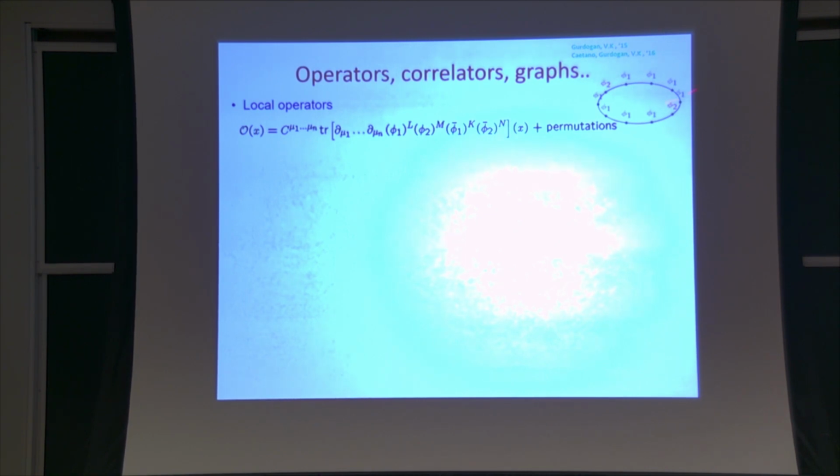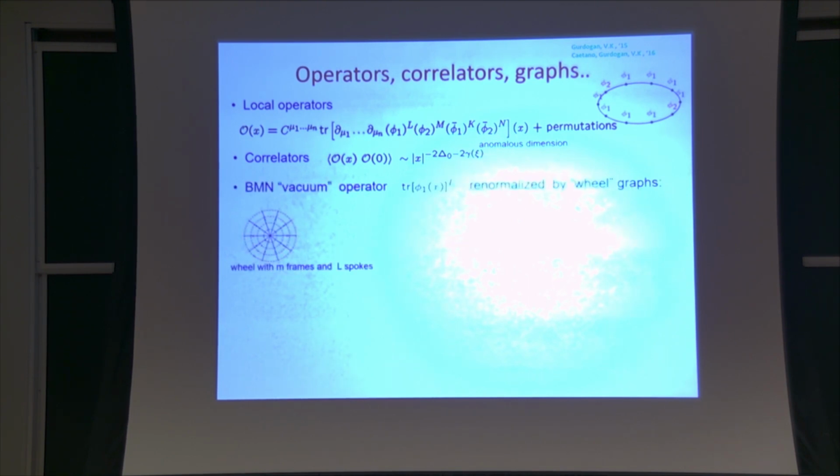But for the operators we call magnon operators, where you have phi1s and somewhere phi2 here and there, the task is to calculate the anomalous dimensions, which are encoded into two-point correlators, as functions of the coupling.